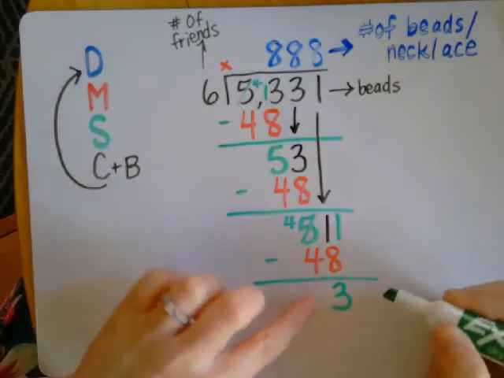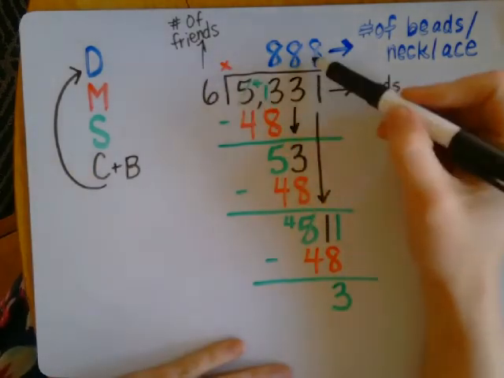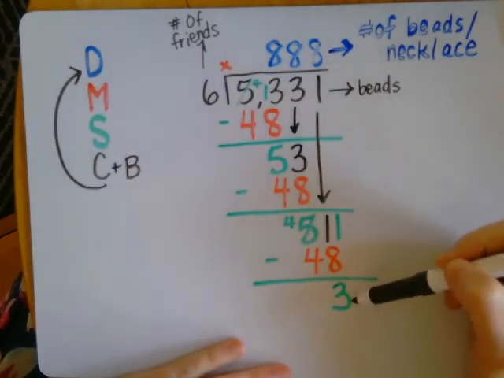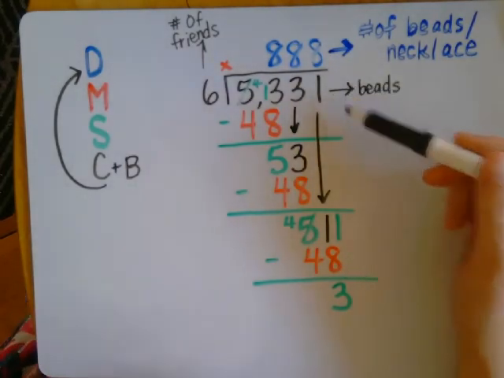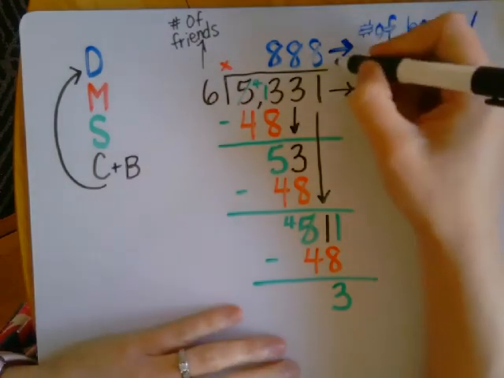And 4 minus 4 is 0. All right, next is to check my work and bring down the next number. 6 times 8 is 48. 51 minus 48 is 3. There's not another number to bring down, so that 3 is my remainder.